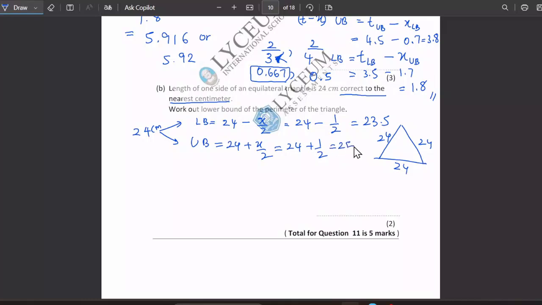That's 24.5. So if we want to get the lower bound of the entire triangle, what we have to do is add these sides by not using 24 but the lower bound of 24. So if we want to find the perimeter, what we have to do is add lower bound 3 times.